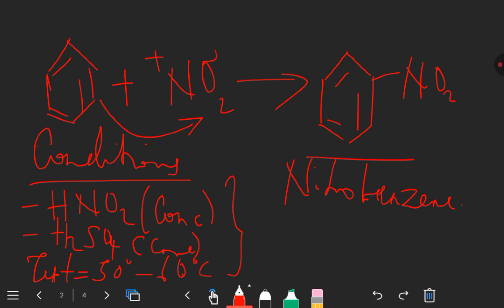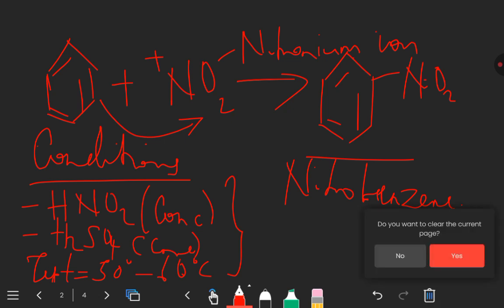So this NO2+ is simply the nitronium ion, and now we are able to form this product, which is nitrobenzene. So this is actually the first reaction under electrophilic substitution of benzene.